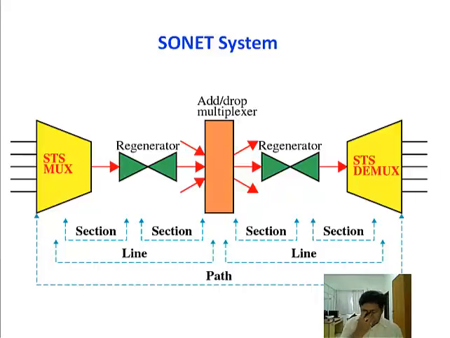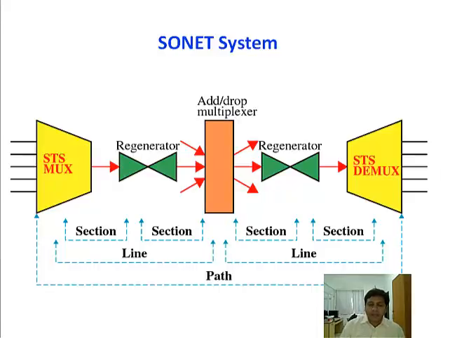SONET has a hierarchy to create connections between different networks and network standards. In a SONET system, we have section, line and path, and we have devices in the hierarchy like terminal, multiplexer, regenerator, ADM and multiplexer or demultiplexer.